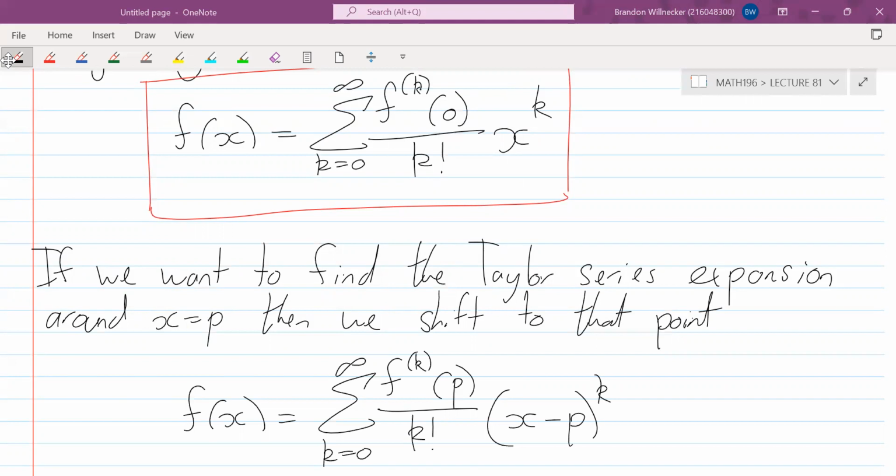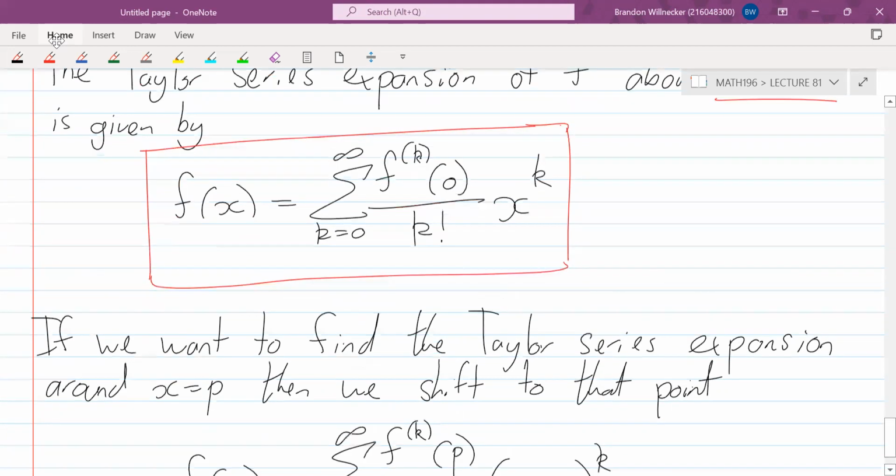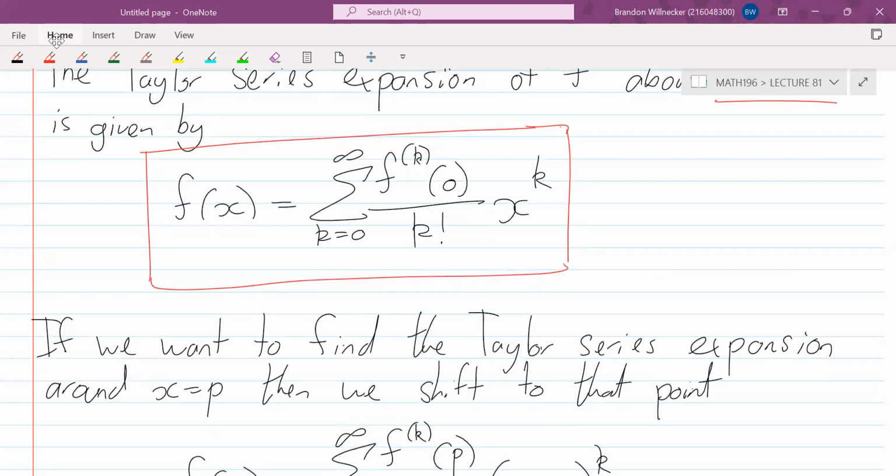Okay, and just as a note with this, the special case of expanding around x equals 0, that gives this original case here. There's a special name for that, and that's called the Maclaurin expansion. So in general, we call it a Taylor series expansion. For the specific case that we looked at first, where we expand around x equals 0, that is the Maclaurin expansion.